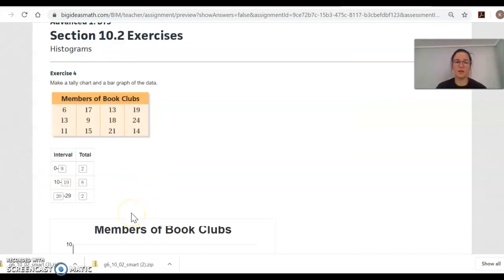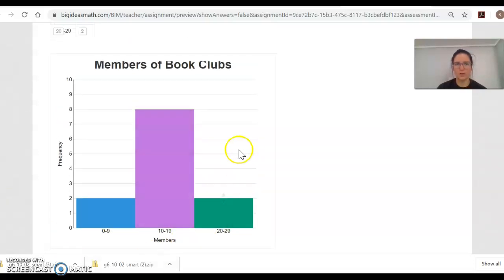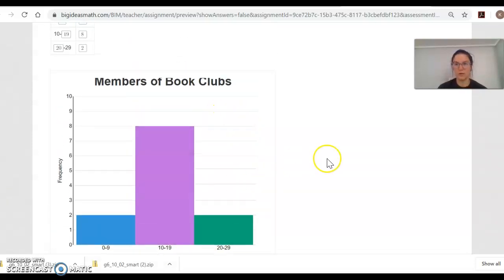Then you can get your count from 0, 1, 2, 3, 4, 5, 6, 7, 8, 9. So you count between 10 numbers and then you tally, and then you come here and you move the box to what you tallied for that interval as well. And it might be helpful to look at the histogram that they have actually given you.